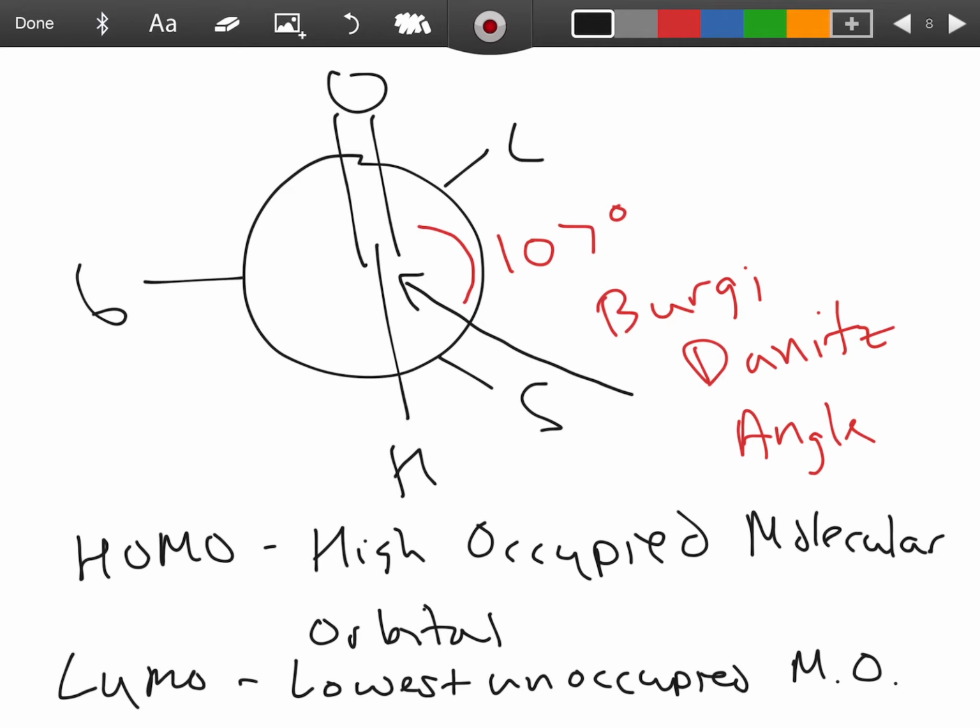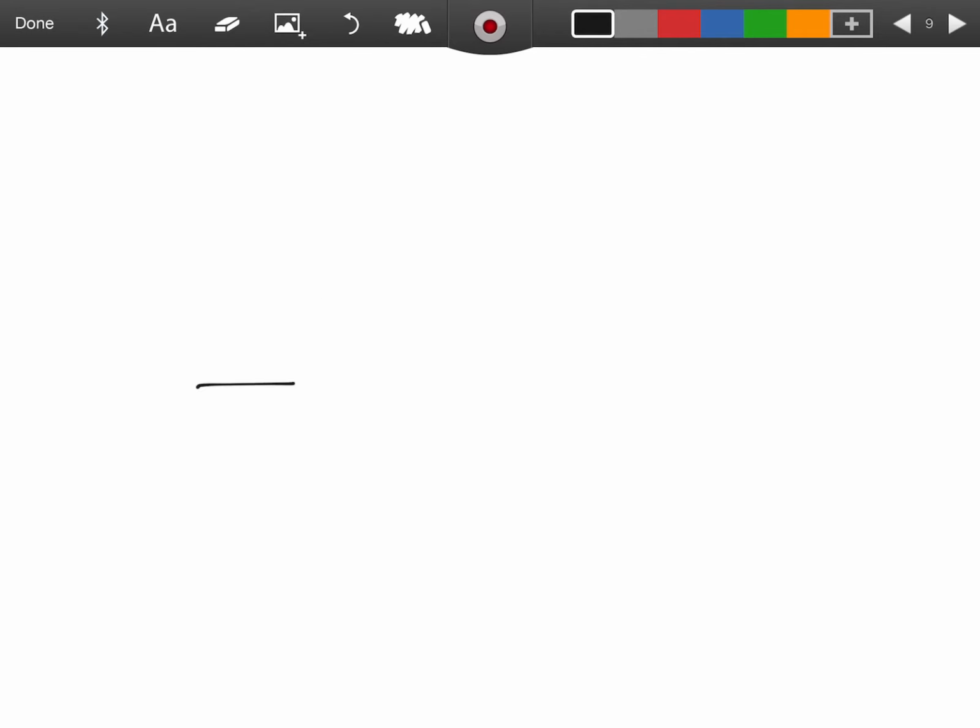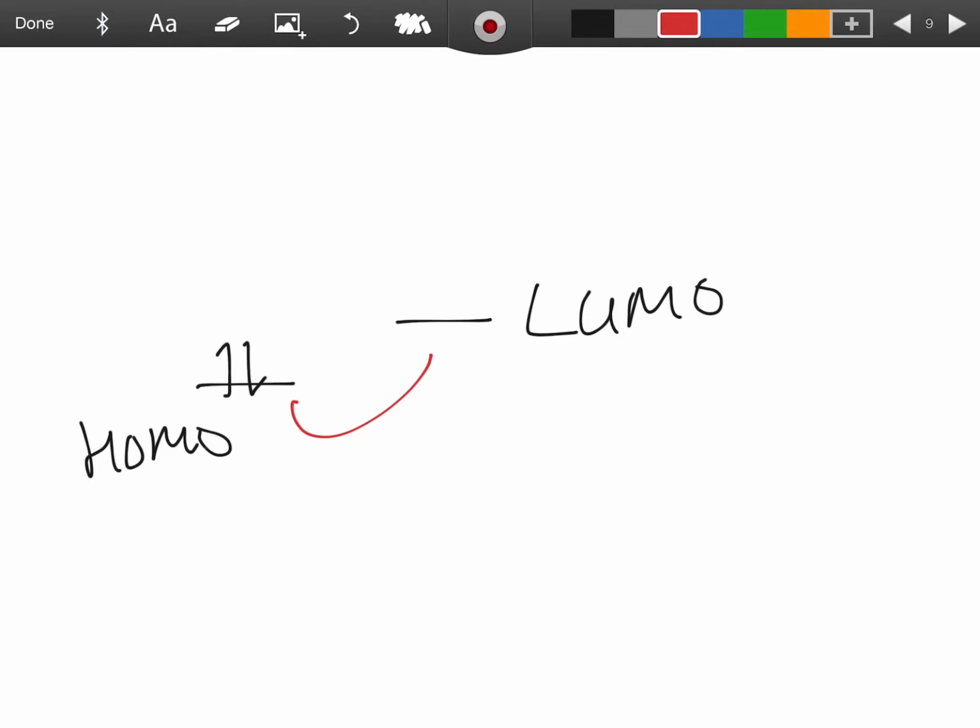And these two orbitals are what react in reactions. You have this orbital that is full of electrons that can give electrons to something, and then you have this empty orbital that can accept them. And so what happens is you've got your HOMO, and then that empty orbital, the LUMO, they're close in energy.